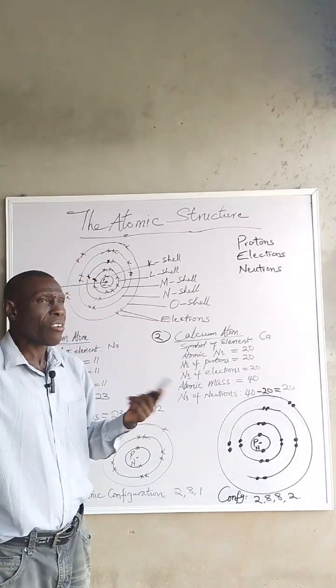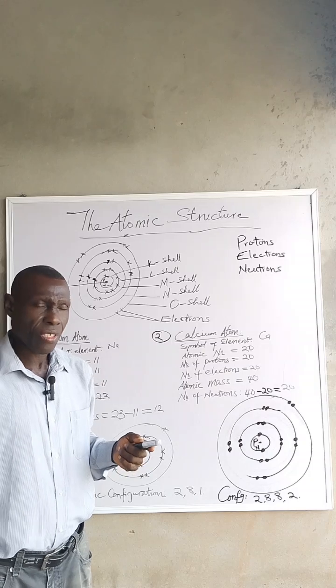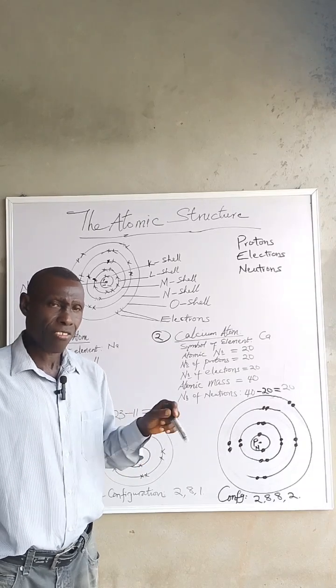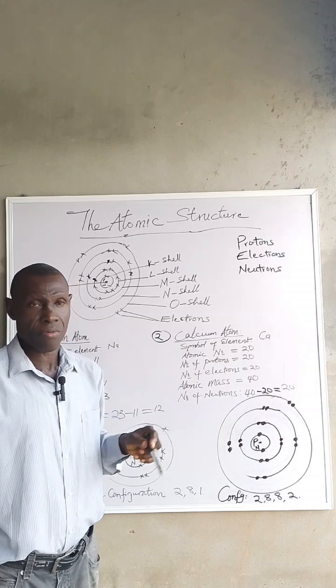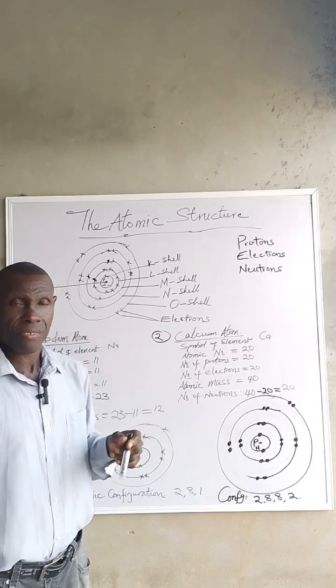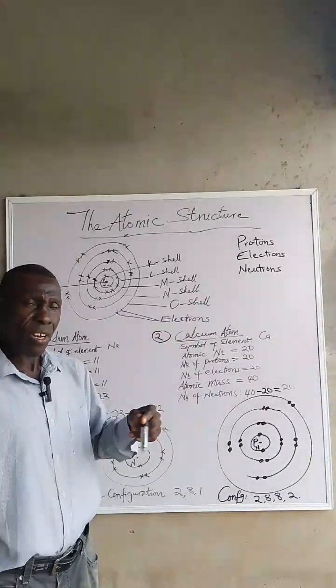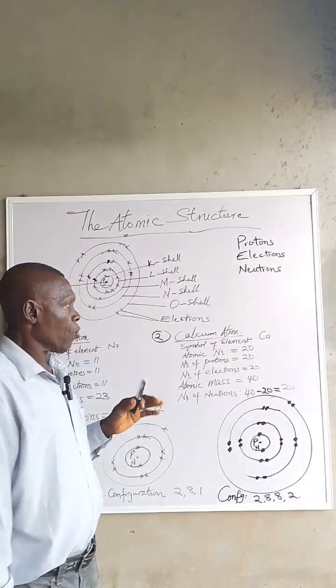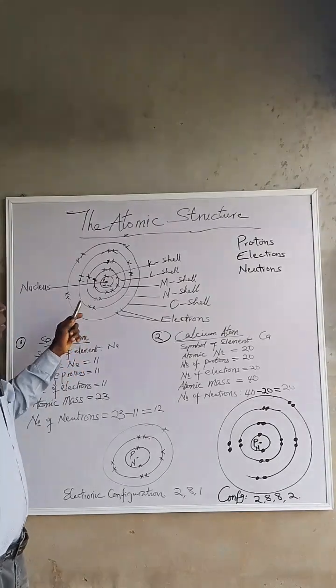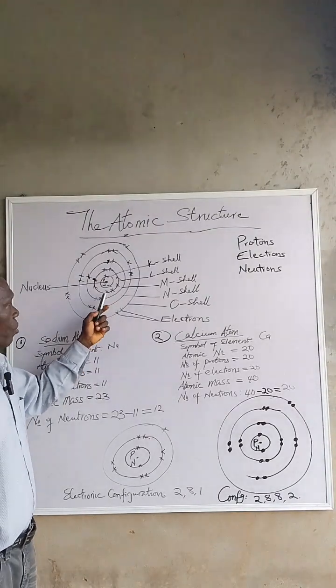Now, atom is no longer indivisible because a neutron can bombard the nucleus of an atom and the nucleus can be broken. For example, uranium 235 can be broken down into two unequal parts. Well, that's not where I'm going. Now, this is just a general structure.